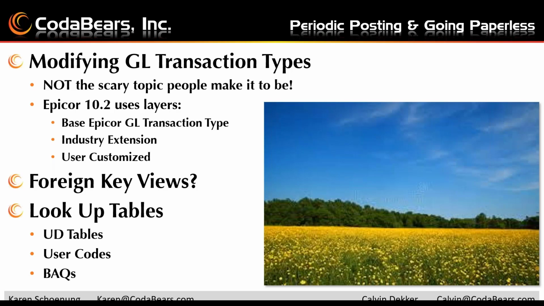I haven't really seen that much in posting rules or customizing them, but you do have the ability to access UD tables, user codes, and BAQs. So that is what I'm thinking might have been accessing a foreign data source from the posting rule, but not necessarily a foreign key view.